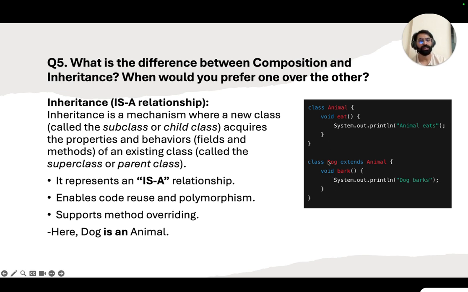It means a dog can eat and a dog can also bark. We have not added the eat method inside Dog, but we directly inherit the functionality of the parent class into our child class. This is about inheritance.